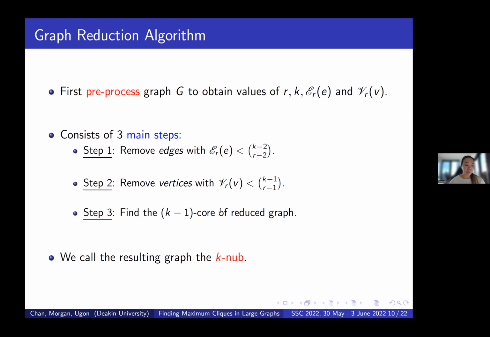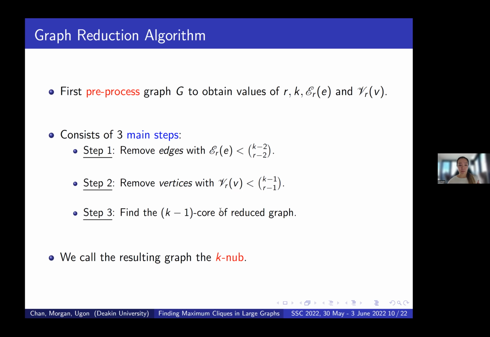The reduction algorithm has a pre-processing step for us to find the values of R, K, and also the edge participation and vertex participation. For R, we first count the number of R-cliques in G, and we determine which R to use based on how long it takes to count these R-cliques.